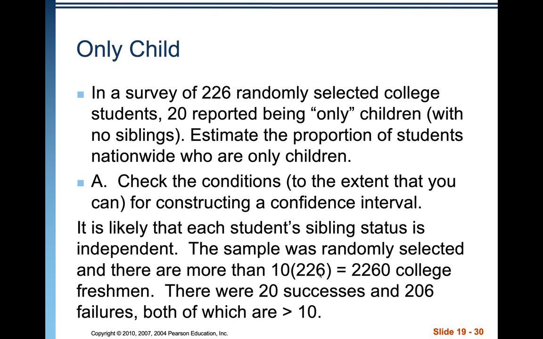It's likely that each student's sibling status is independent from another. The sample was randomly selected, and there are more than 10 times 226, or 2,260 college freshmen. There were 20 successes and 206 failures, both of which are greater than 10.